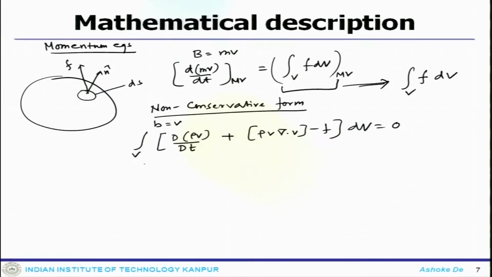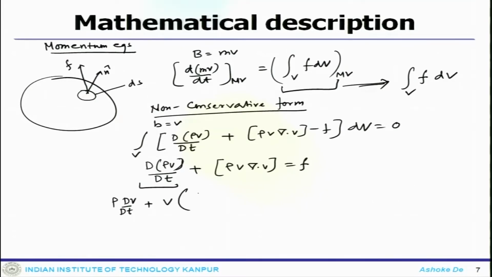So, for this integral to be true, this becomes ∂(ρV)/∂t plus ∇·(ρVV) equals f. If I expand the first term, I can get ρ dV/dt plus V ∂ρ/∂t plus ρ∇·V, which is f.